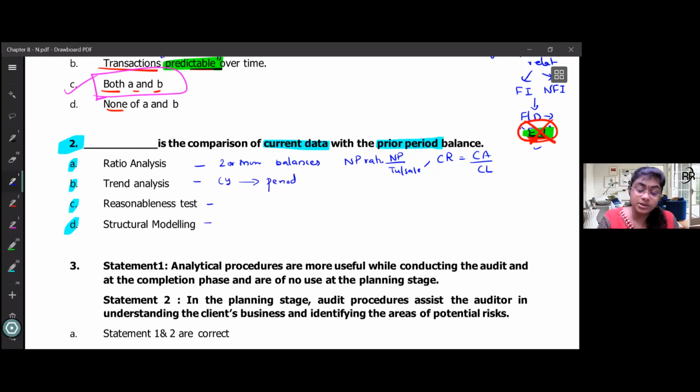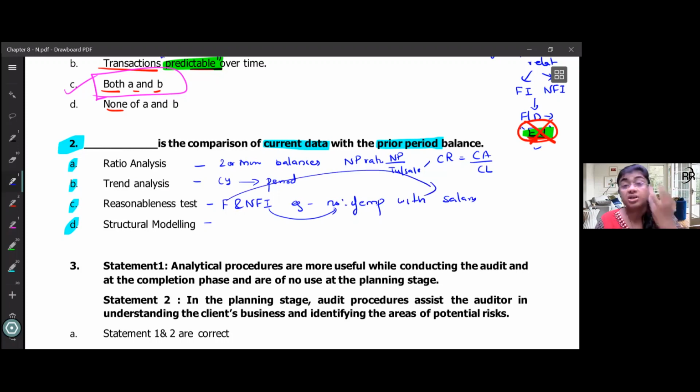In reasonableness, you compare financial and non-financial data, like number of employees, which is non-financial, with salary, which is financial. Structural modeling, hi-fi tool, it's the statistical predictive model using some kind of CAAT, computer assisted audit technique, where you predict.